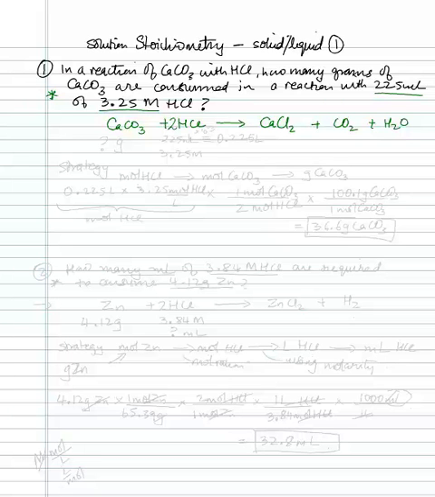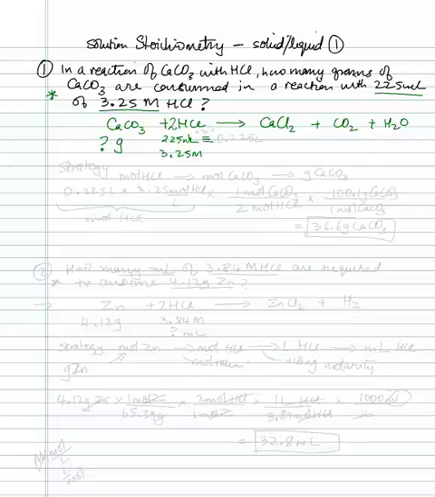Okay, let's read the question again. In a reaction of calcium carbonate with HCl, how many grams of calcium carbonate are consumed in a reaction with 225 milliliters of 3.25 molar HCl? So I like to write my numbers below my reactants or my products, whatever it is, so that I know exactly what information I have.